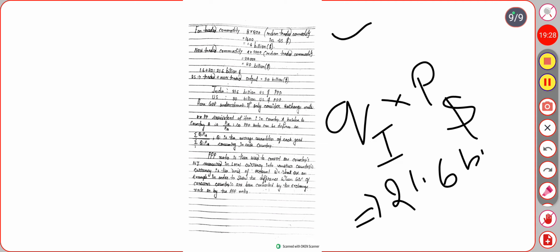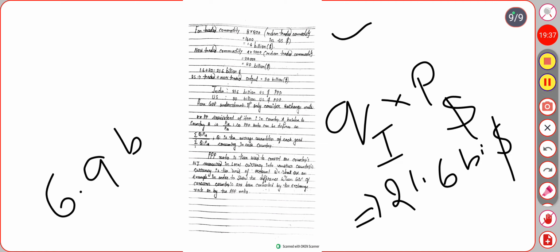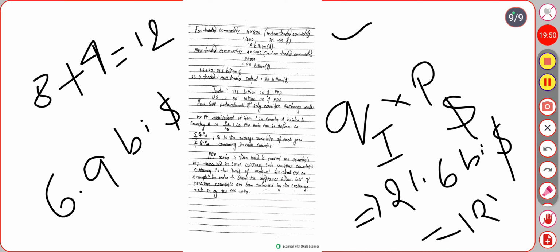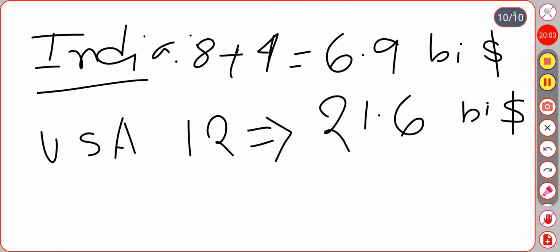21.6 billion dollars, and previously we needed 6.9 billion dollars for 8 plus 4, 12 commodities, and here for 12 commodities we need to pay 21.6 billion dollars. So from India, the quantity is 12 and we need to pay $6.9 billion.